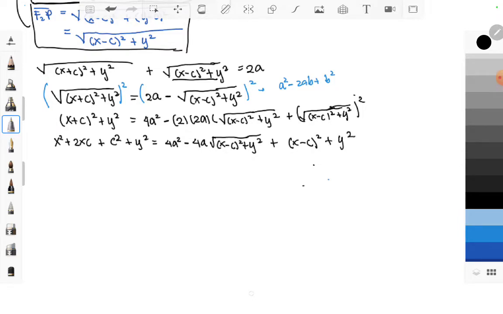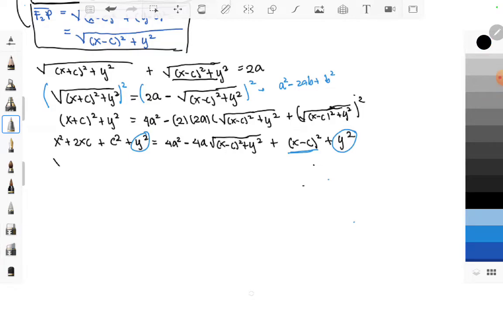We will eradicate the square root. From here we would notice that we can easily cancel out our y square, right? But wait, we can still expand this x minus c square.